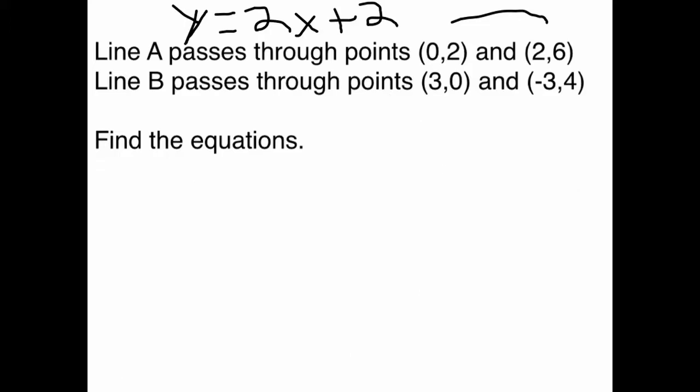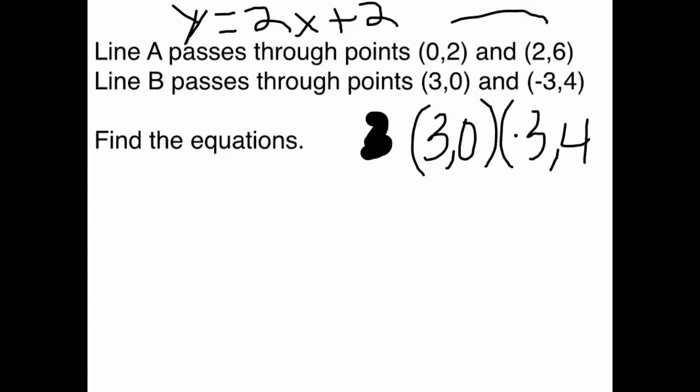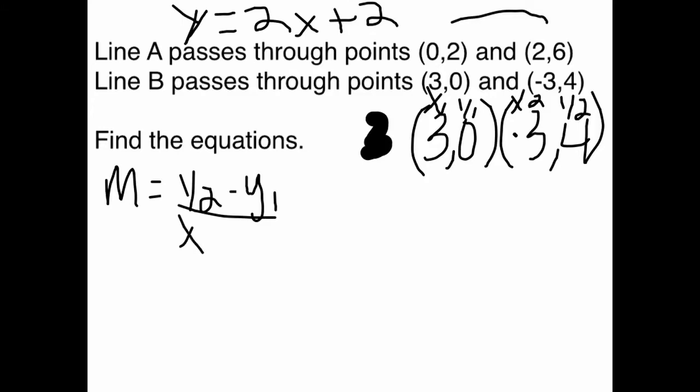All right, let's find the equation for line B. First thing I'm going to do, pull out, whoops, let's make that smaller. Pull out my coordinates and label them, just so I can keep track of everything. This is x1, x2, y1, y2. Now again, m equals y2 minus y1, we use this formula to get our slope, over x2 minus x1.